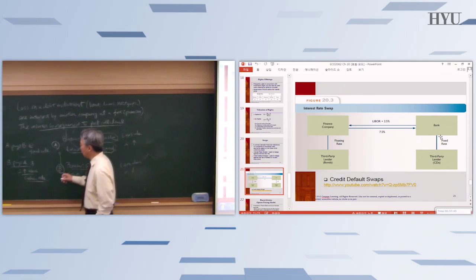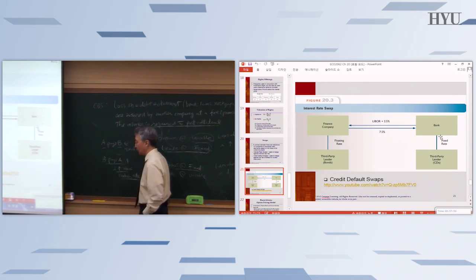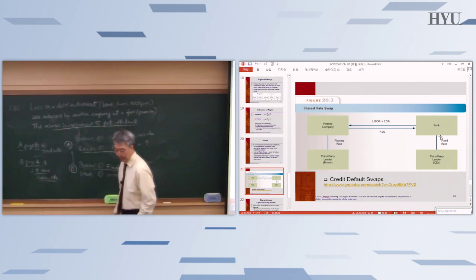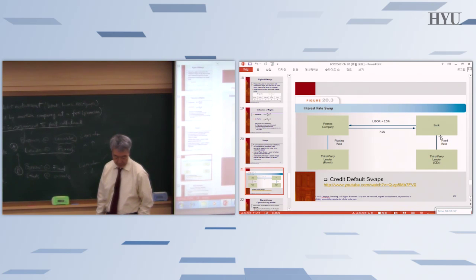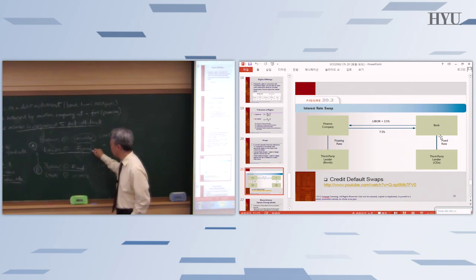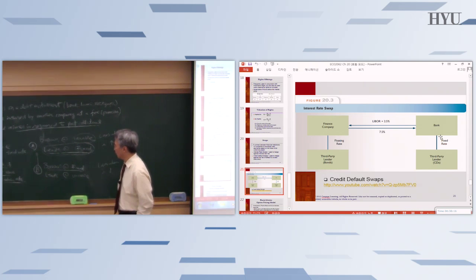But A will pay B at a certain fixed interest rate, because their income is fixed here. They lend at a fixed rate.